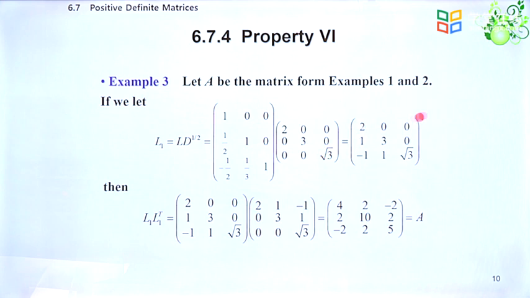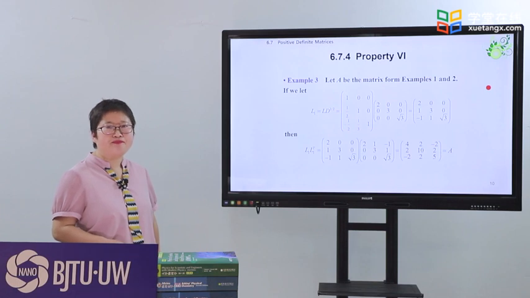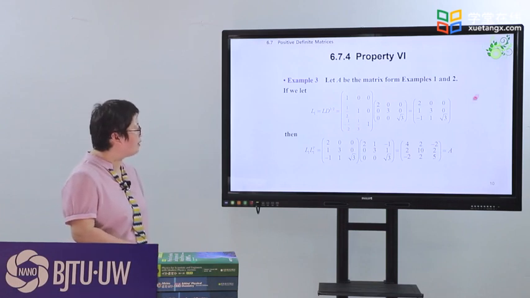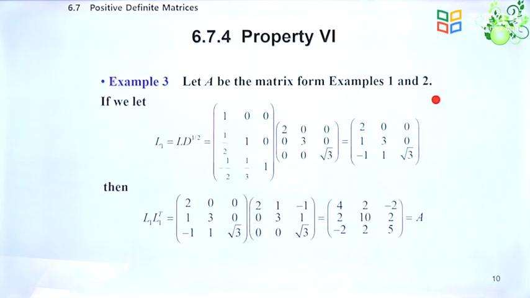Then this is L1, and you can find L1 times L1 transpose is also matrix A. So a symmetric positive definite matrix can also be factorized as L times L transpose in this way, with L a lower triangular matrix.